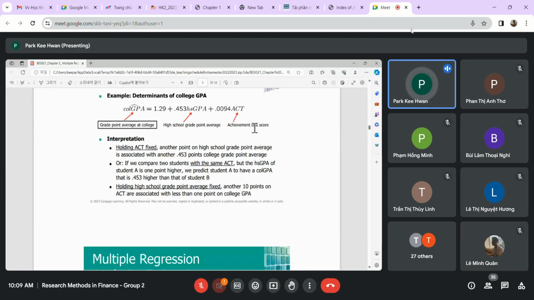So what we're saying is your college GPA depends on your high school GPA and also your achievement test score.